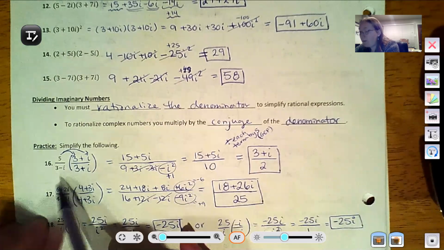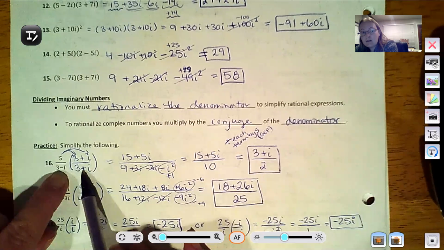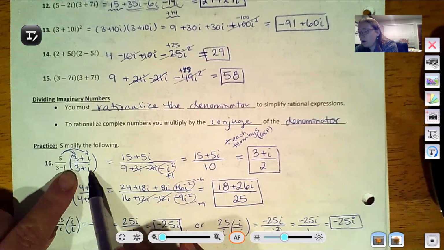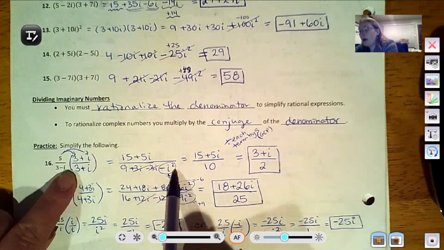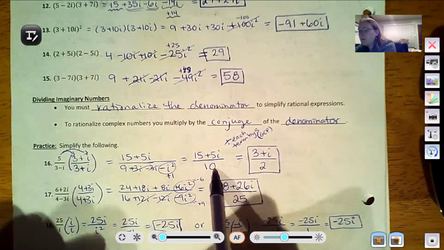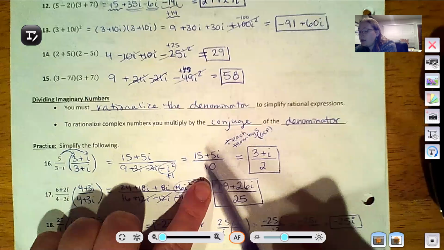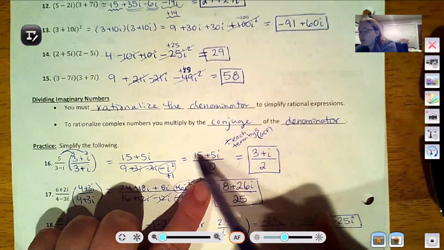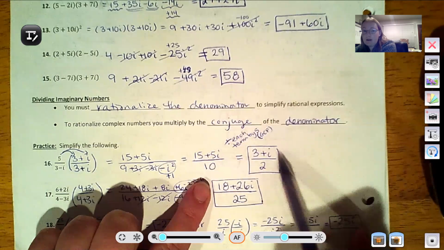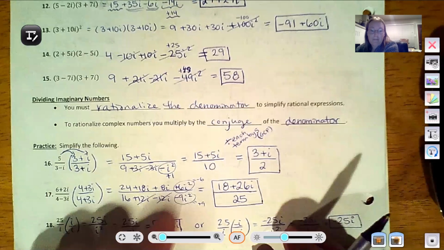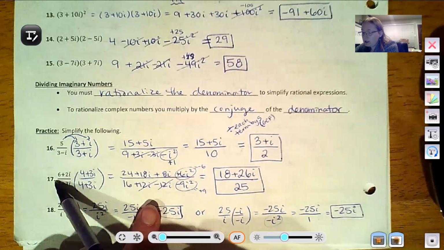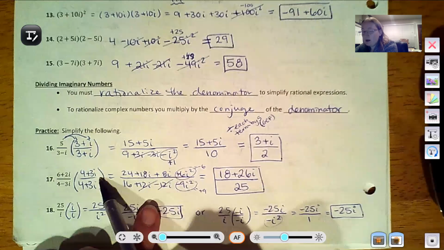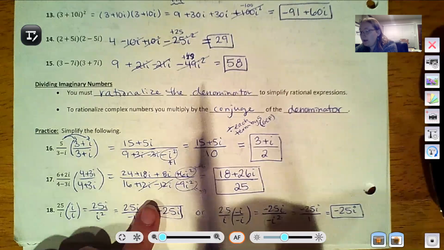So I did 3 plus instead of a minus i, so that I end up with a situation where my i's go away and I have a nice constant. On this particular problem, I can divide each of these by 5, each of the coefficients by 5, so I did that to simplify the expression. All right, so we FOILed the top here because it's a binomial times a binomial. FOIL the bottom. Again, these should cancel.